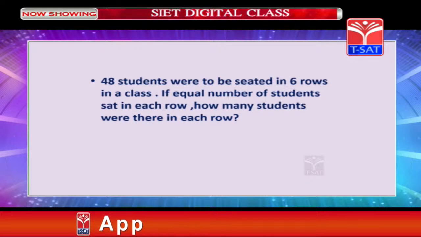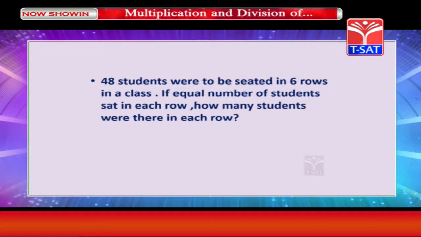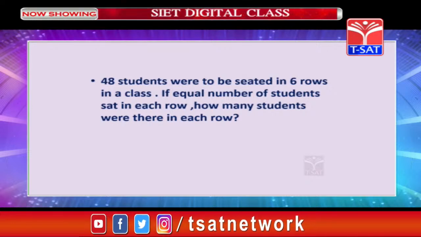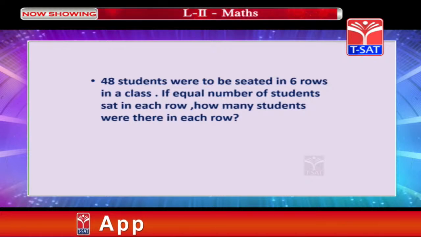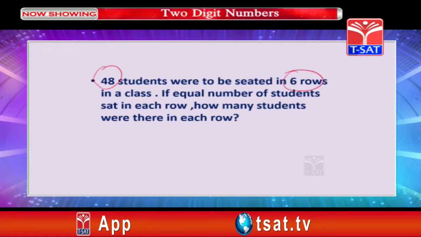So next, 48 students were to be seated in 6 rows in a class. In a class there are 48 students. If an equal number of students sat in each row, how many students were there in each row? See, we have a larger number of students. That means we have the larger quantity and we have to divide it into smaller quantities.